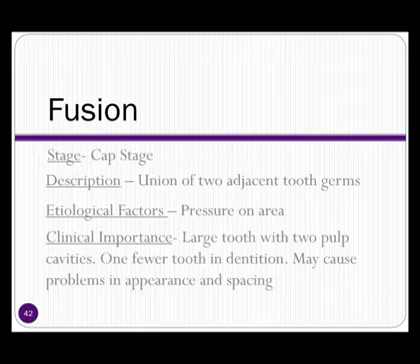So let me give you a little bit of a visual to help explain this. Let's pretend that these circles are tooth germs. And normally there would be some separation of the tooth germs. So each one's going to develop into a different tooth.